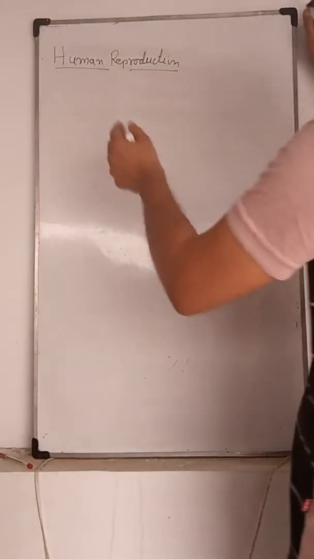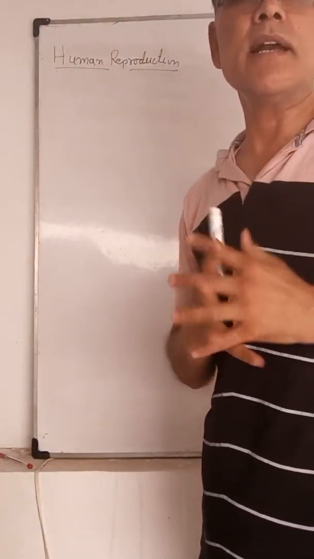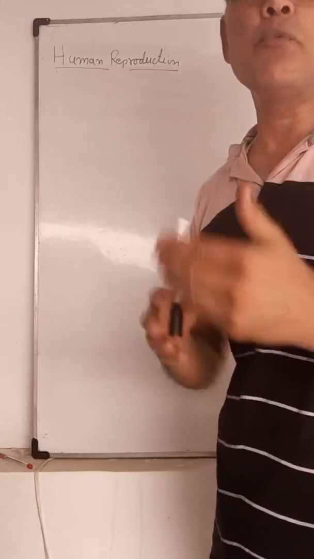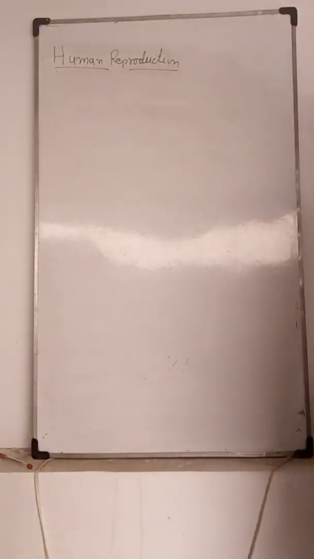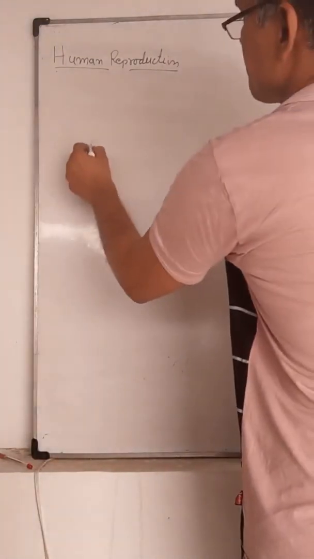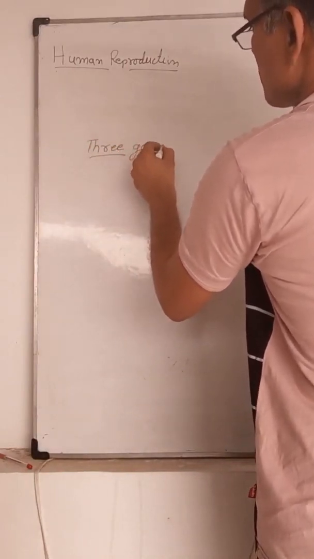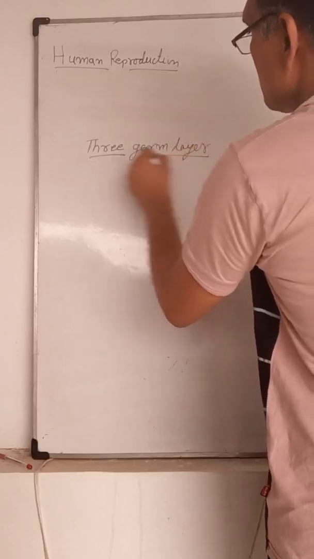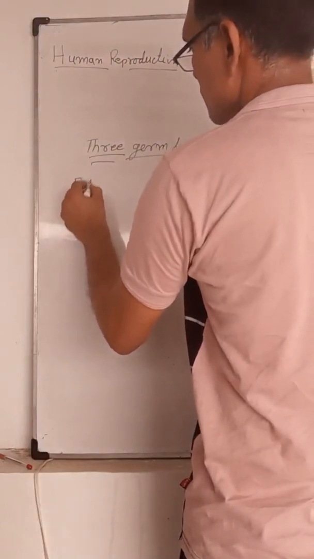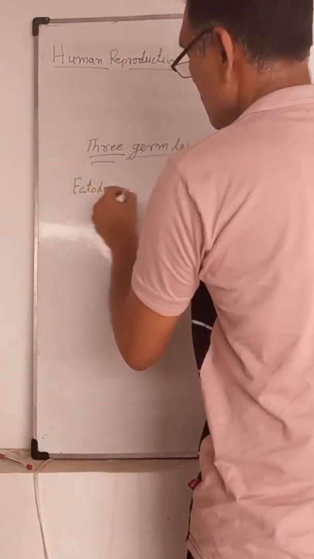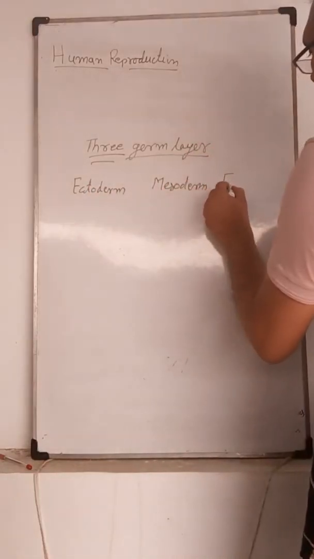After that, different developmental processes occur inside the embryo due to cellular movement, especially three cellular movements, and due to these three movements, three germ layers are formed: ectoderm, mesoderm and endoderm.